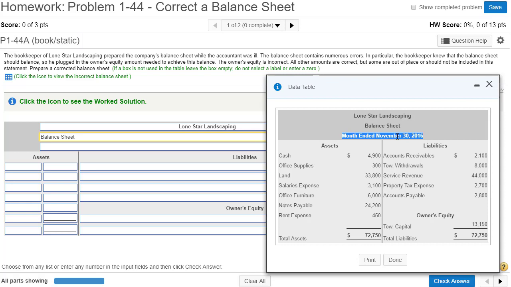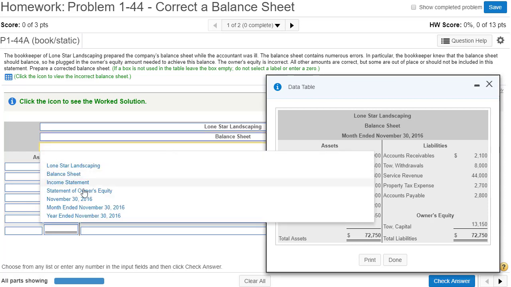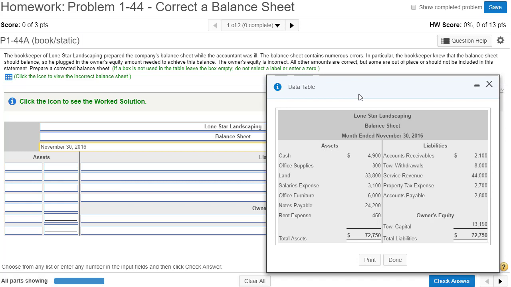So that's wrong. A balance sheet can only show the balances as of a single day, because notice it's showing balances of cash, office supplies. So if someone asks us how much cash we have, we have to say, well, what day are you talking about? So we have to change this to be November 30th.